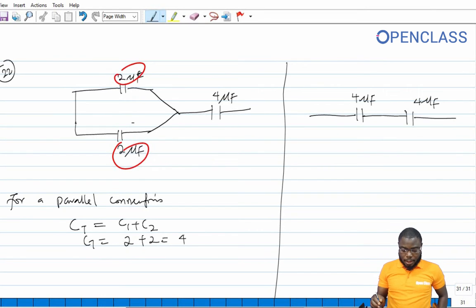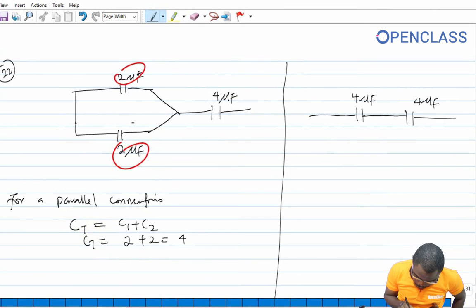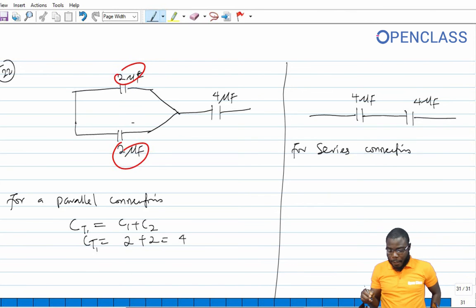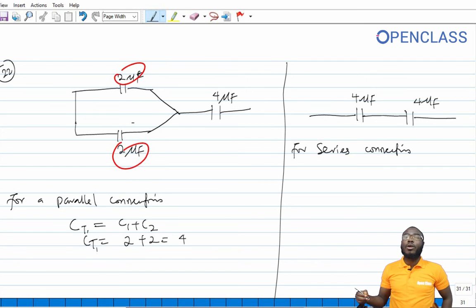So the overall C total now, as you can see, is a series connection. For a series connection, the reciprocal of the equivalent capacitance is equal to the summation of the reciprocals of all the capacitors in the circuit.